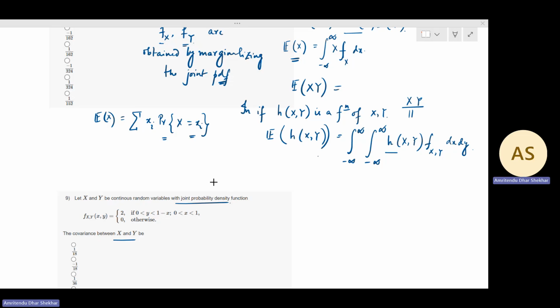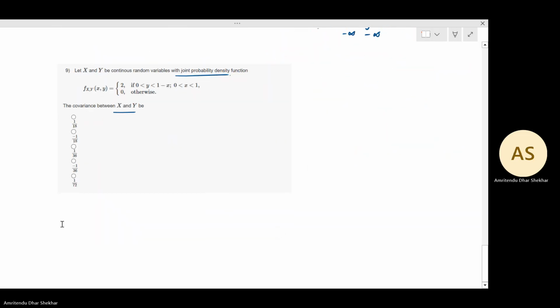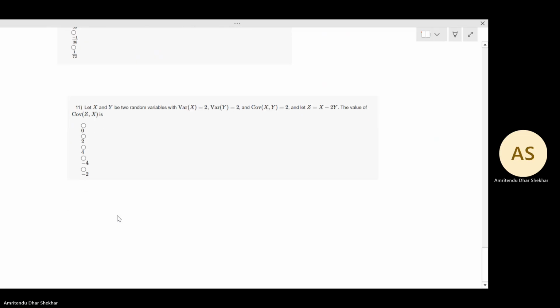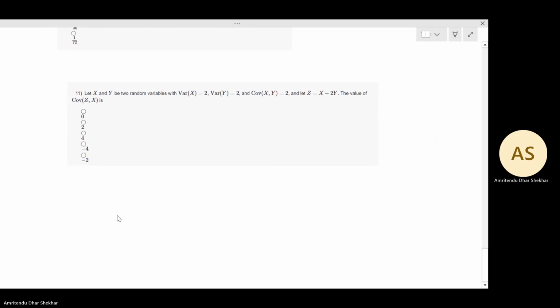Let's look at this problem. X and Y are random variables, with the variance of X and Y given to us.